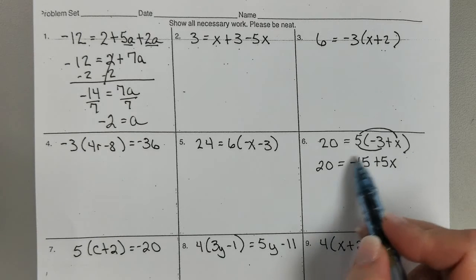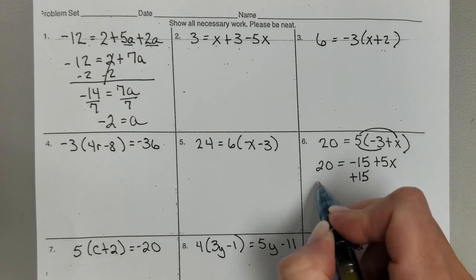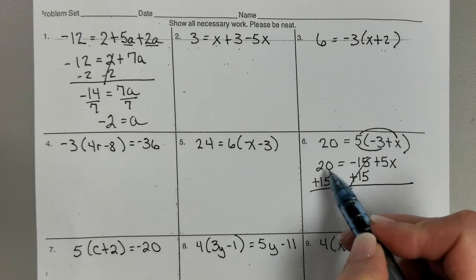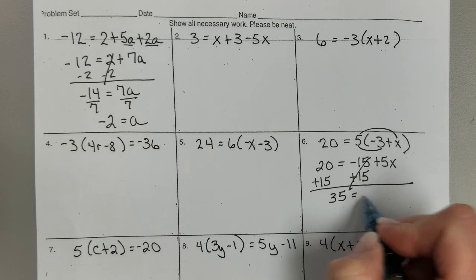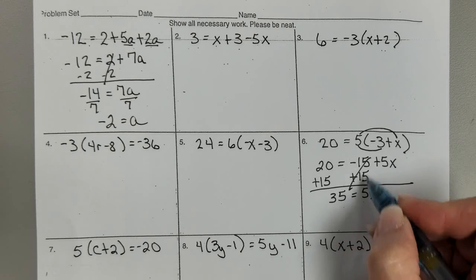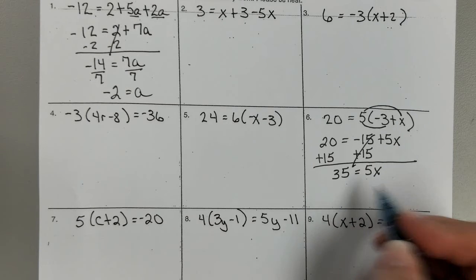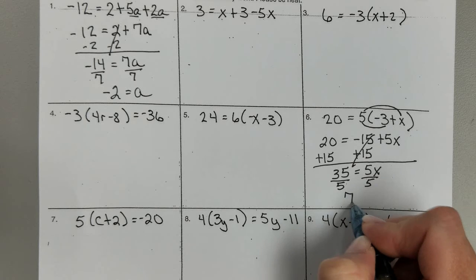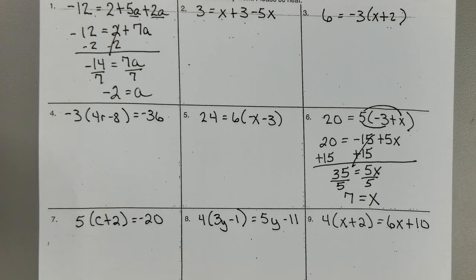So take care of this negative 15 first. So we're going to add 15. So 20 plus 15 is 35 equals 5x, because this is zeroed out. And then we want to just solve for x, so we are dividing by 5. So 7 equals x. Okay.